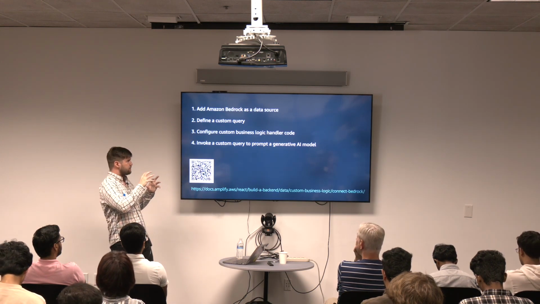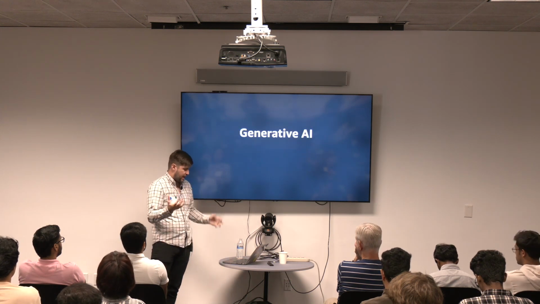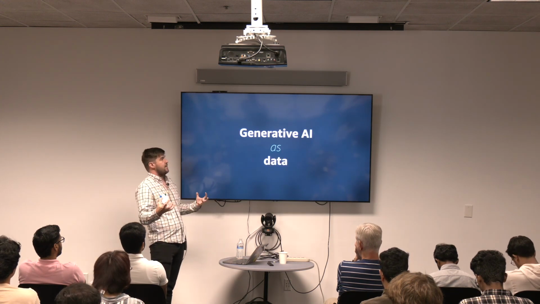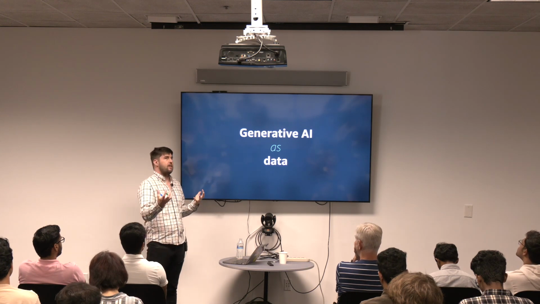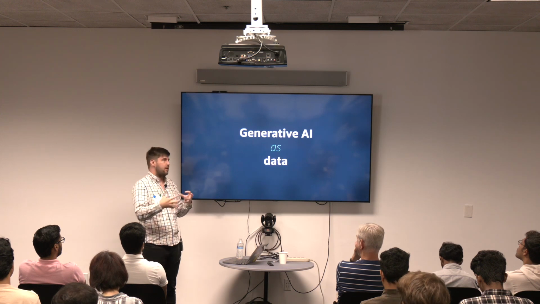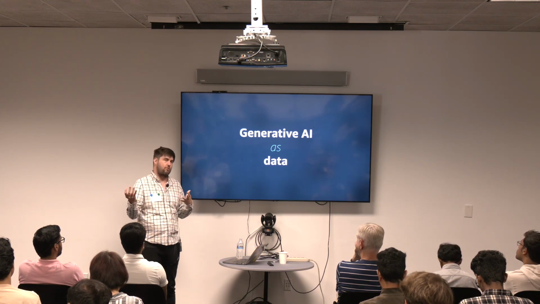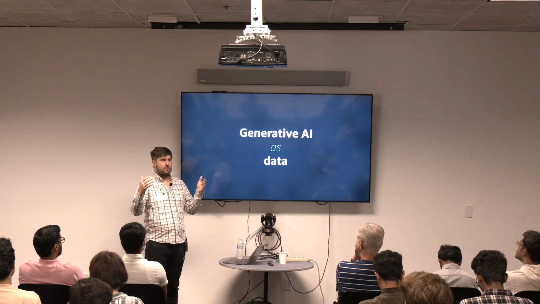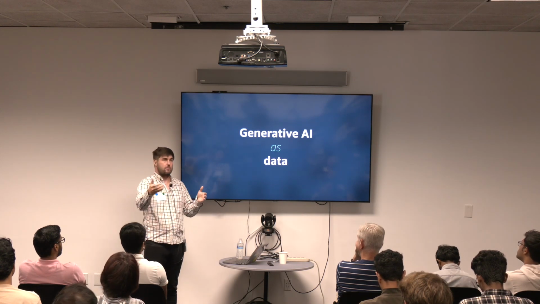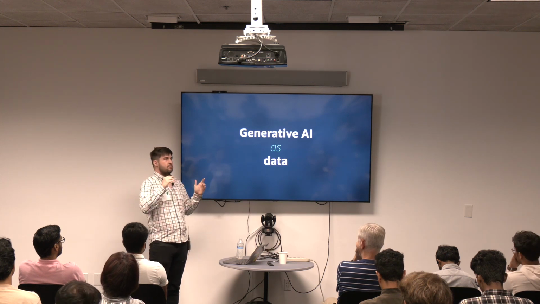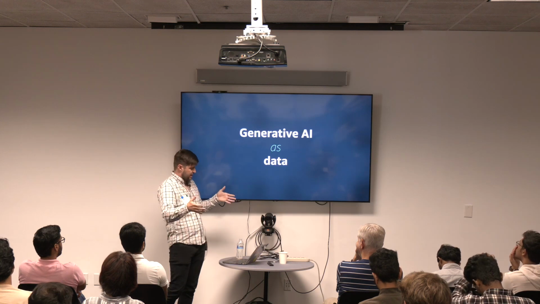We saw this pattern emerging of generative AI as data. You can think of calling a generative AI model like Claude as just calling a database, but rather than returning static, deterministic data, it's returning generative, probabilistic data.